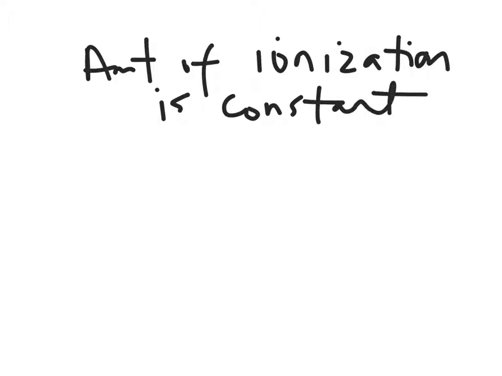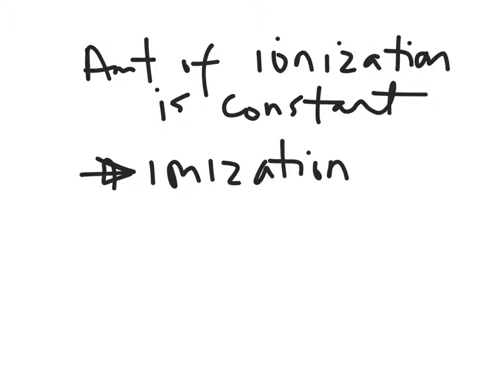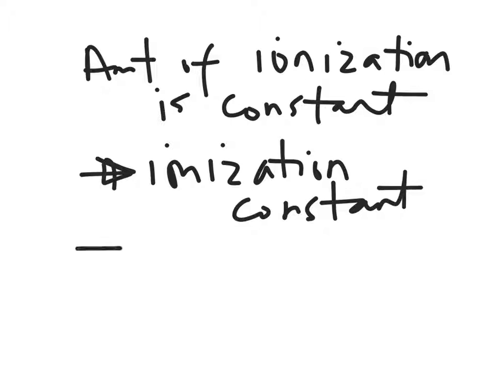There's a certain number of water molecules that break apart and the rest stay whole. That value, the amount of ionization that takes place, is described by a number that we call the ionization constant. Sometimes we refer to that as the ionization product.